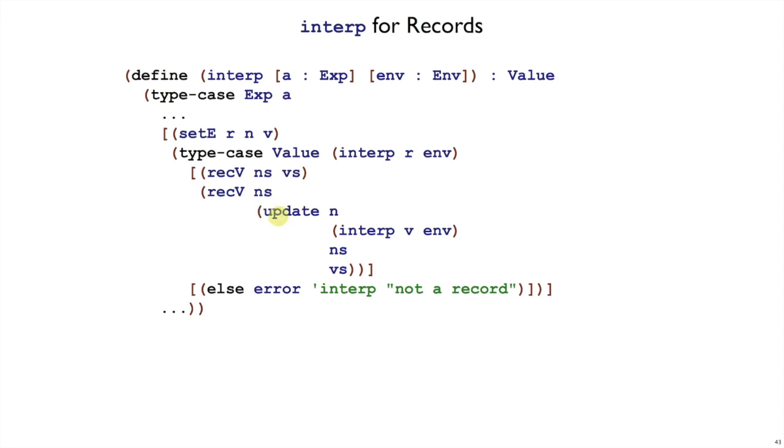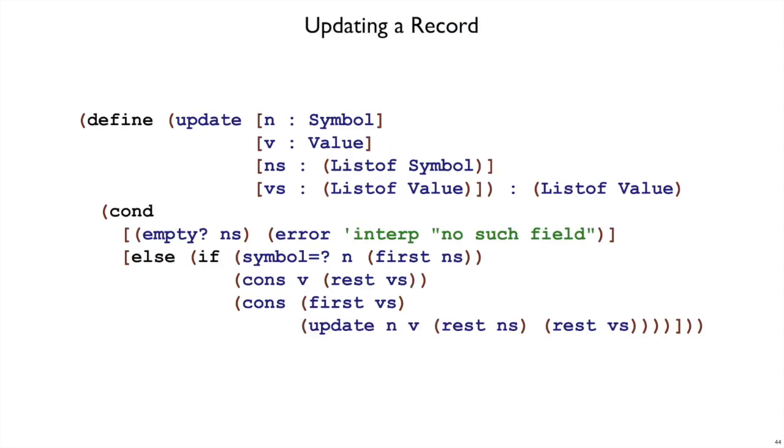It's worth looking at the update function just a little bit. Here it is. It takes a symbol and a value, so a symbol that must already be in the list of symbols and a value to go in place of that one in VS. I'm writing this one with cond instead of typecase just because I have two lists to deal with and it turns out to be a little more compact. Same idea though, we still have the empty and the cons case. If we have an empty list of names, which will mean an empty list of values also, that means we didn't find the field and we can complain about it.